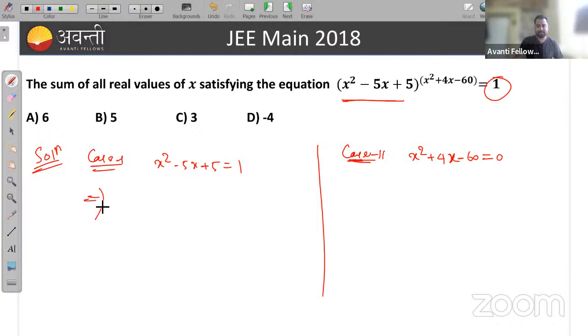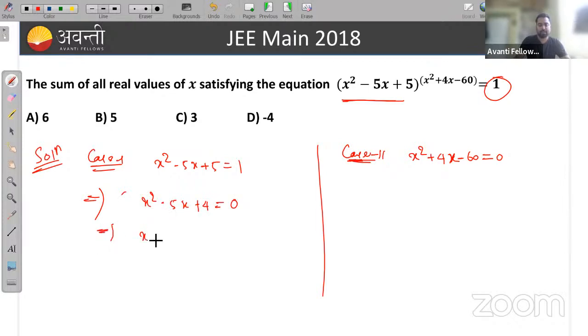If you factorize case 1, it will convert into x square minus 5x plus 4 is equal to 0.